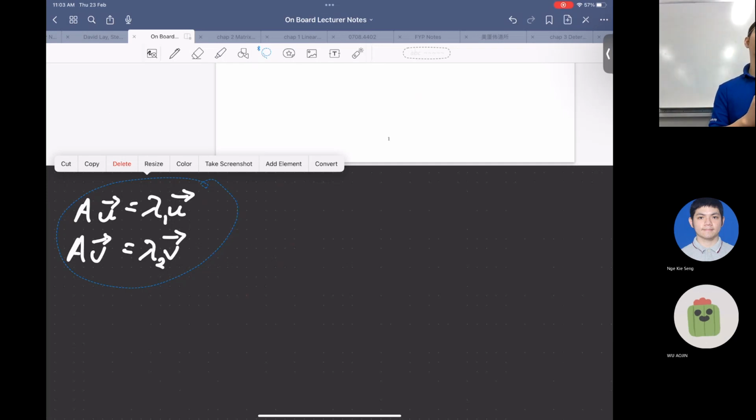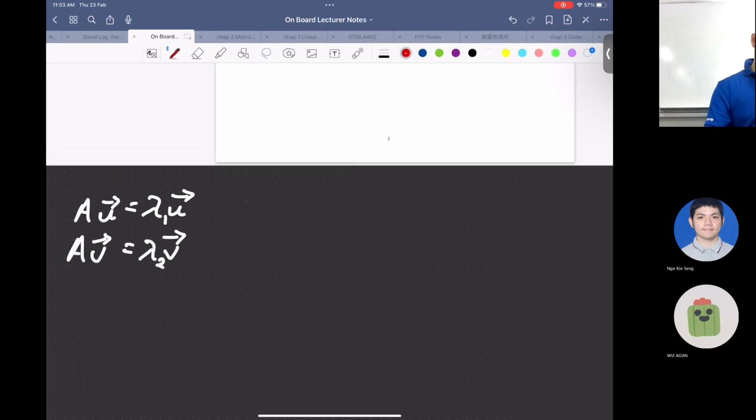Play around with the equation. Can you get a matrix equation out of this? Any idea?